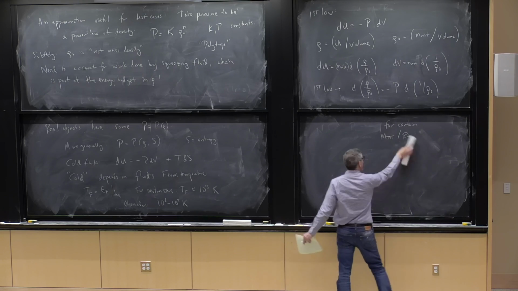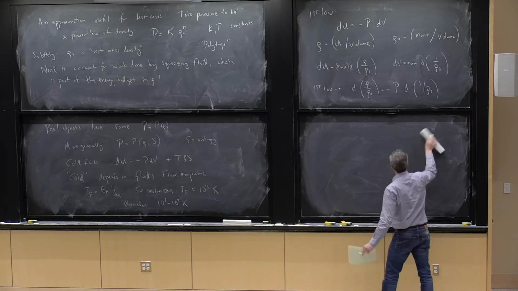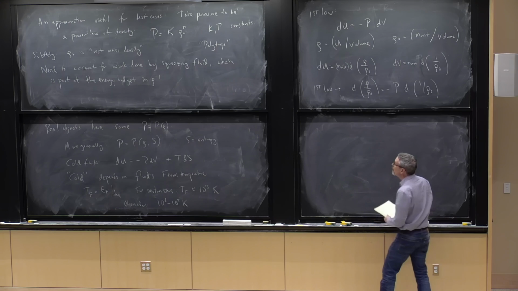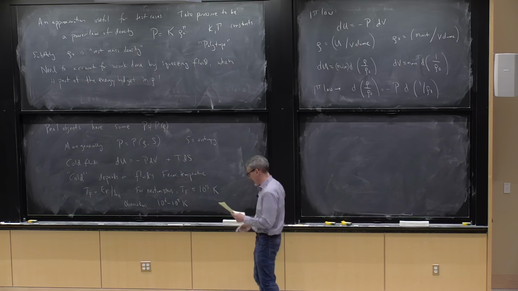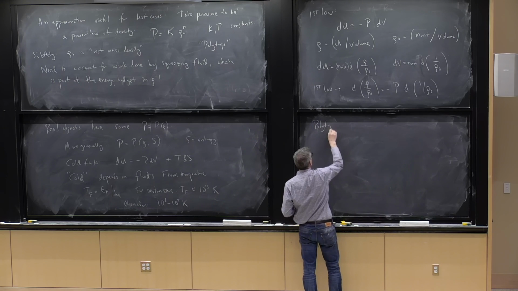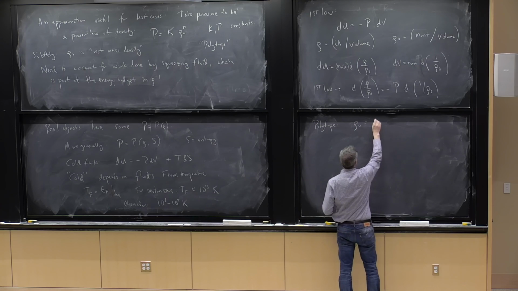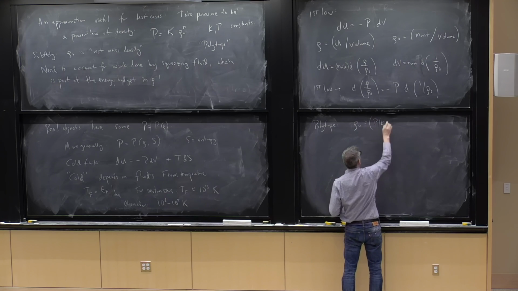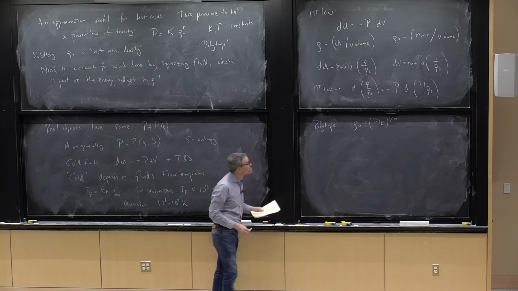Let's manipulate that right-hand side. So I'm going to assume this polytropic form. I'm going to use P equals K rho 0 to the gamma. But I'm going to switch that around. I'm going to write this as rho 0 equals P over K to the power of 1 over gamma.